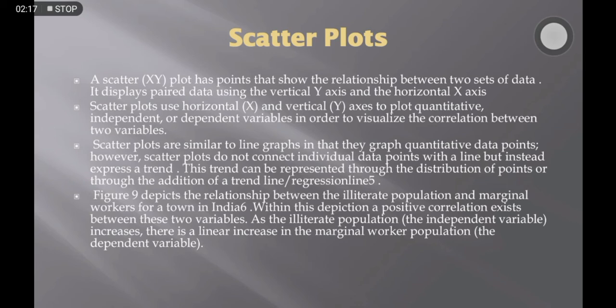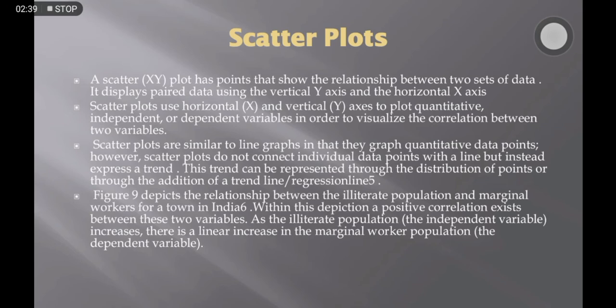Scatter plots are similar to line graphs in that they graph quantitative data points. However, scatter plots do not connect individual data points with a line, but instead express a trend.